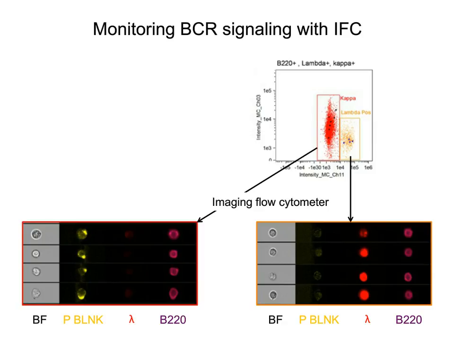But with imaging, you realize that the distribution of phospho-BLNK is different in kappa positive and lambda positive B cells, even for the cells where the total fluorescence doesn't look so different. In the kappa positive B cells, the fluorescence is concentrated in a single spot, while in lambda positive it's more evenly distributed, suggesting that this is background.